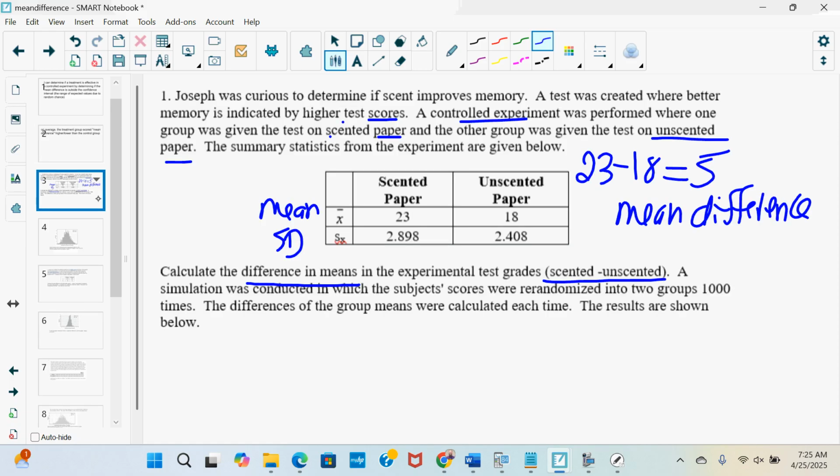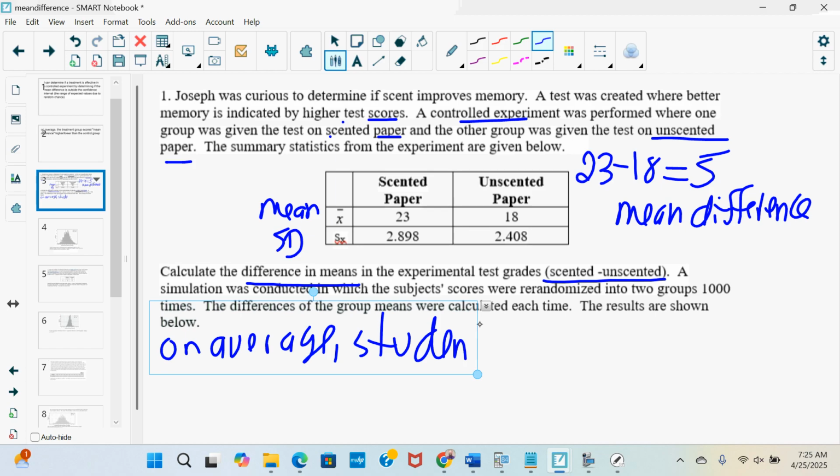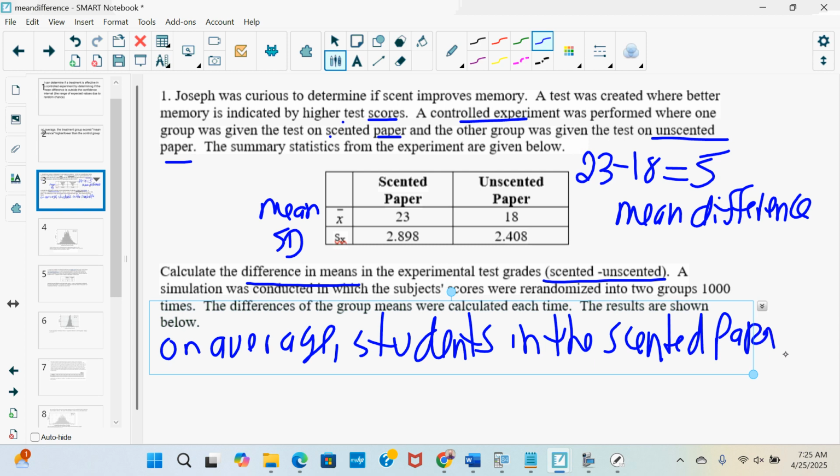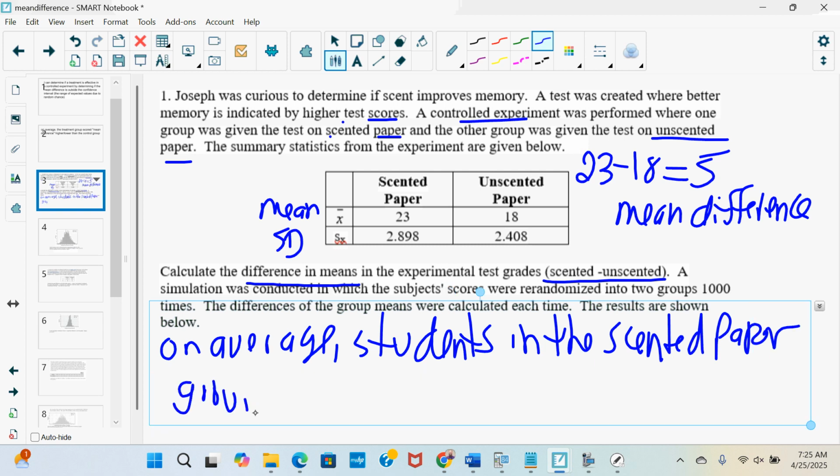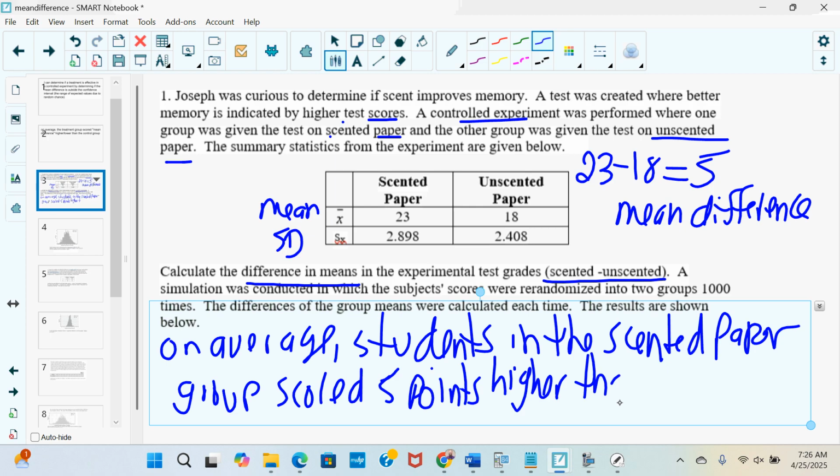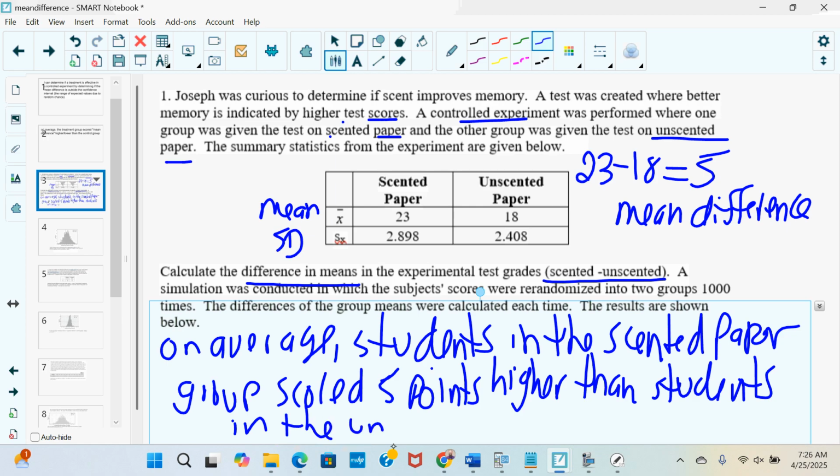So in this case, on average, students in the scented paper group scored 5 points higher than students in the unscented paper group.